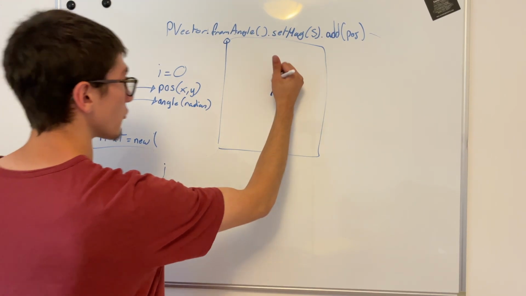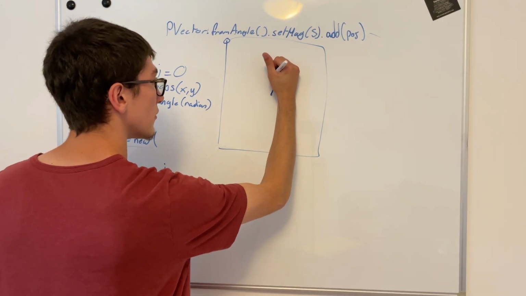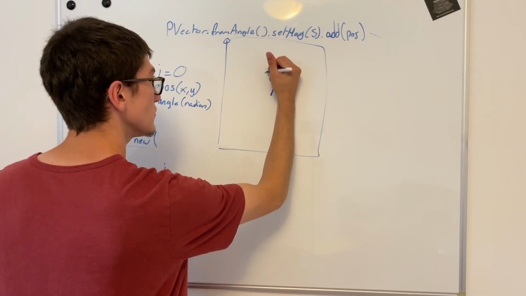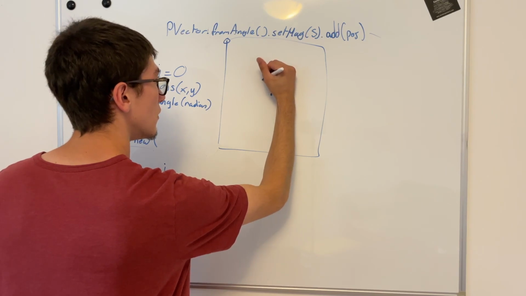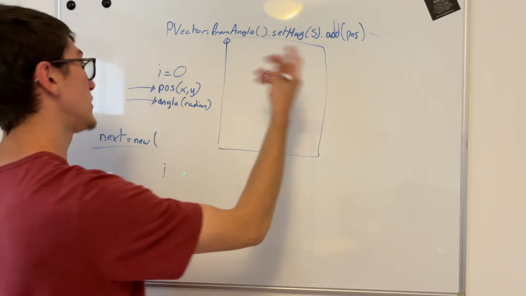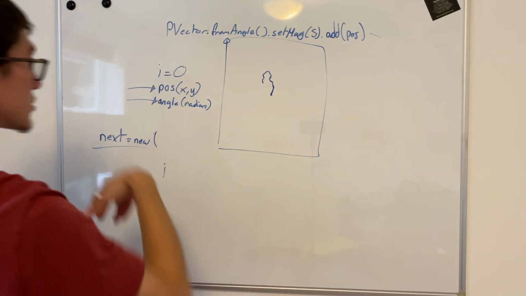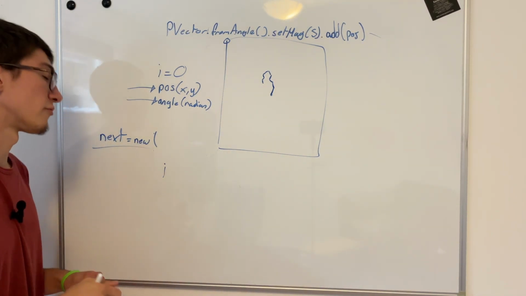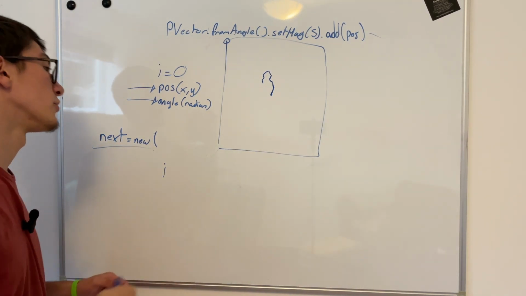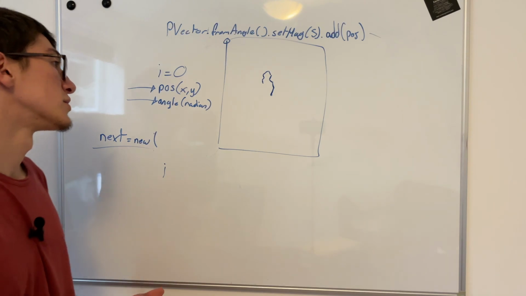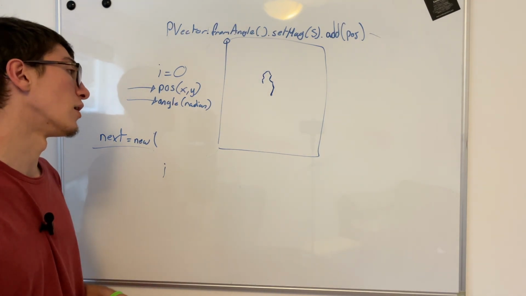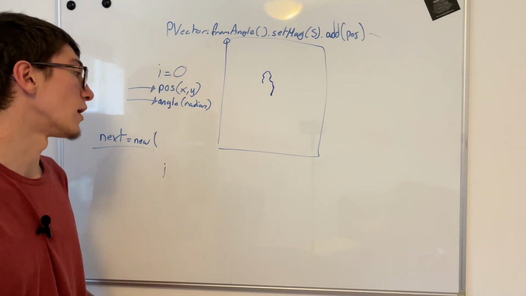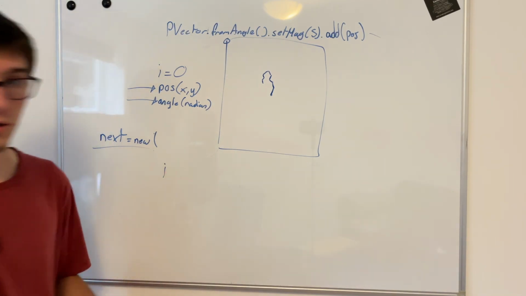So recursively we could go right here. So it'll do basically whatever it wants, and from one branch to another, it'll be some random angle of difference between the two. So let's get started with this.